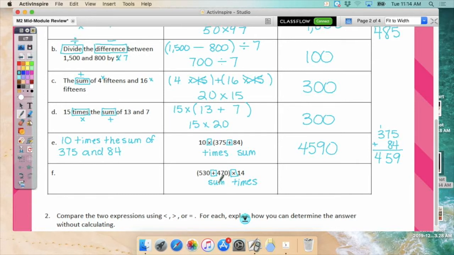Yes. So we're going to start with the sum of. And then what two numbers are we adding together? 530 plus 470. So 530 and 470. Then I'm going to put times what?